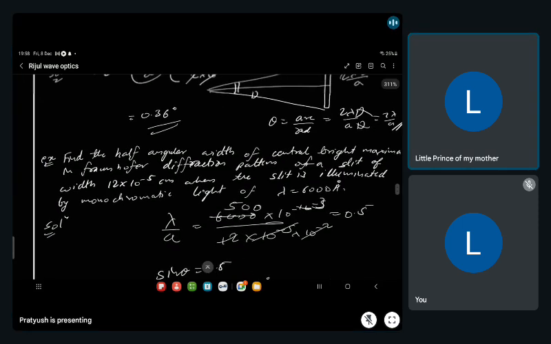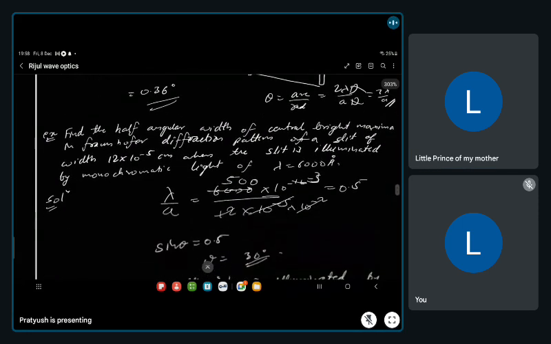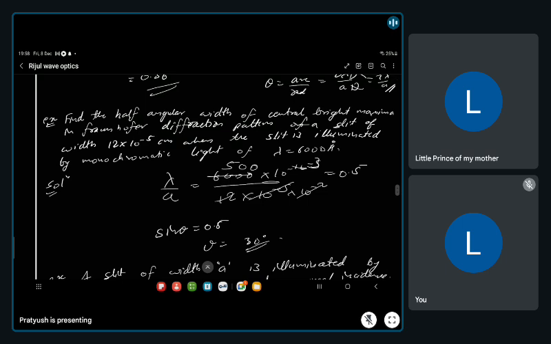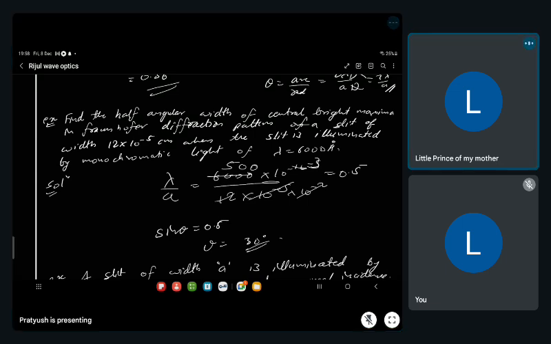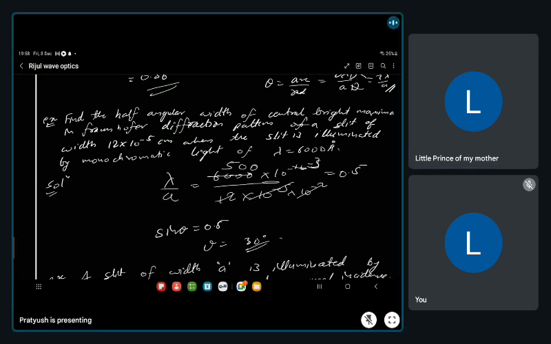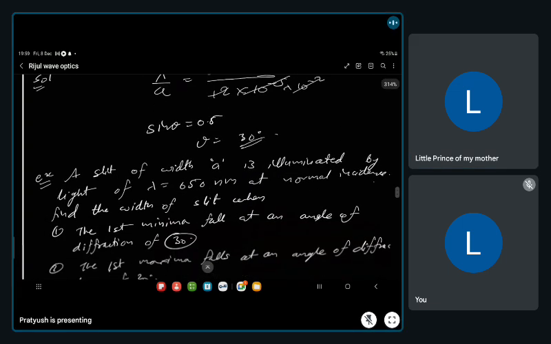So this is angular displacement, the angle at half of the center, that is 0.5. Sine theta of 0.5 is 30 degrees. That's why we are getting theta to be 30.